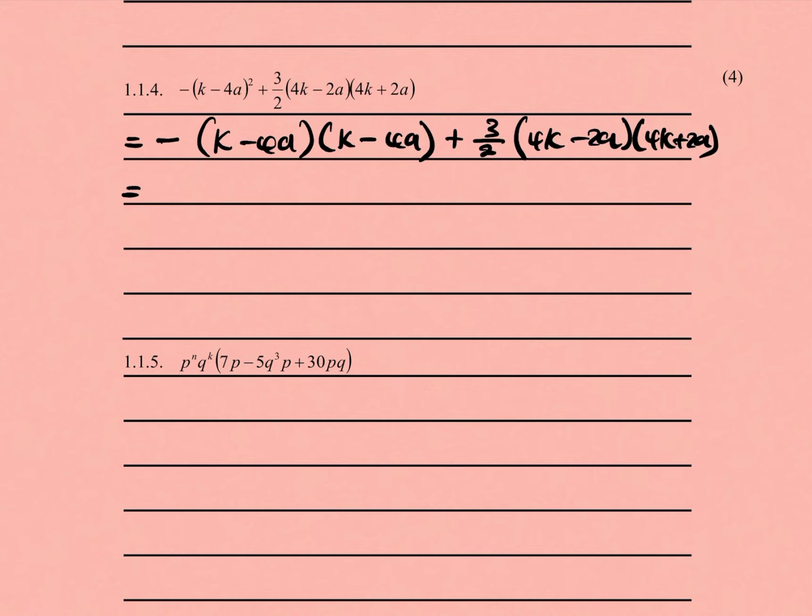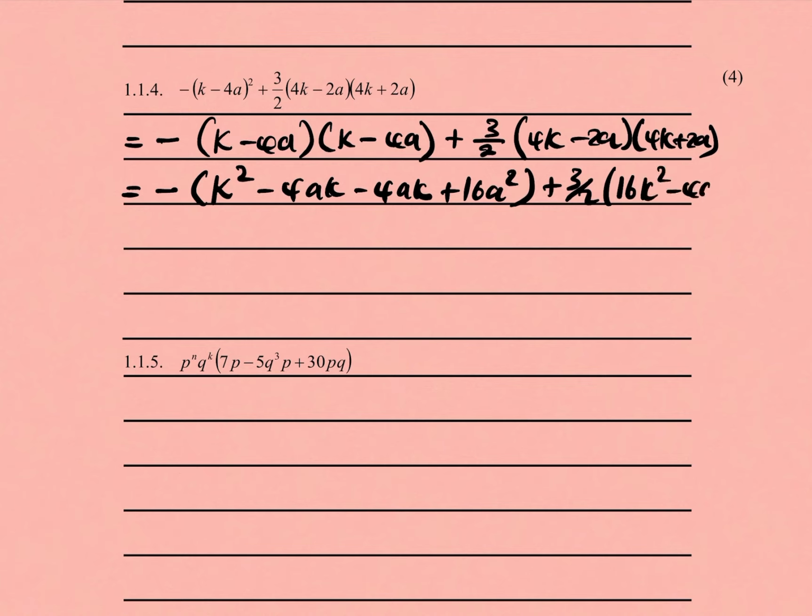So that is going to give us minus, you follow your FOIL again, that is going to give you k squared, and then a minus 4ak minus 4ak, and then a plus 16a squared, and then a plus 3 over 2 into, if you try and simplify this nicely, this would give you guys a 16k squared minus 4a squared.